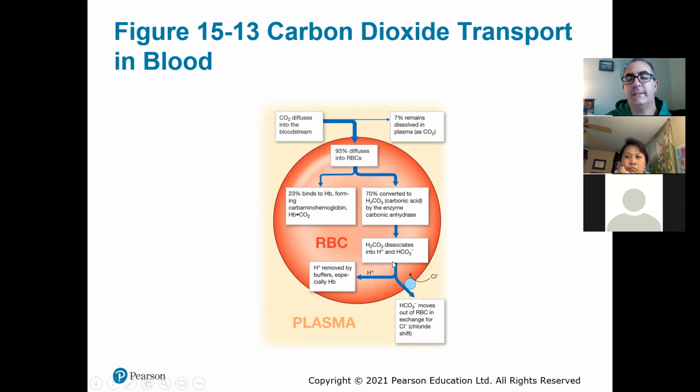If your pH gets lower, this HCO3 minus is going to bind to the extra H pluses that are around, which will actually raise your pH a little bit. So most of carbon dioxide, 70% of it, is actually converted to this bicarbonate ion, and that bicarbonate ion is there to buffer the pH of your blood.